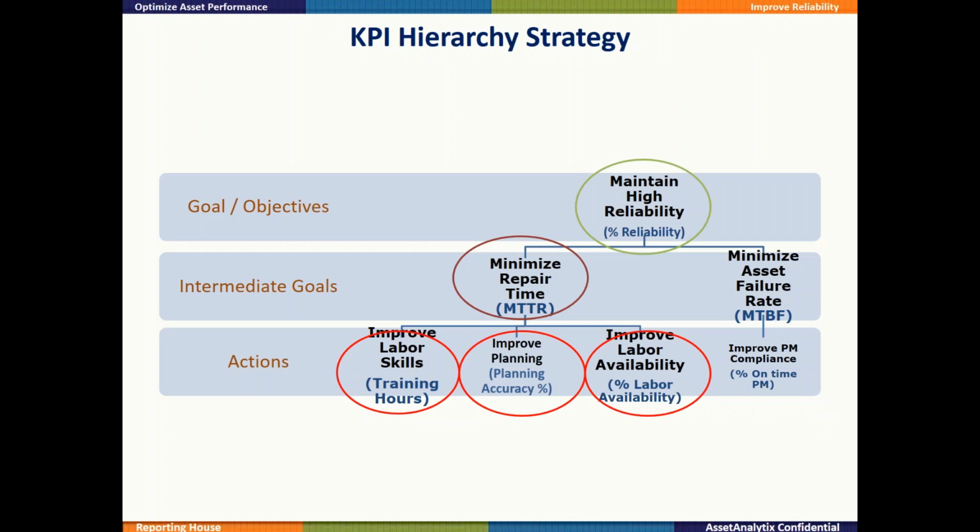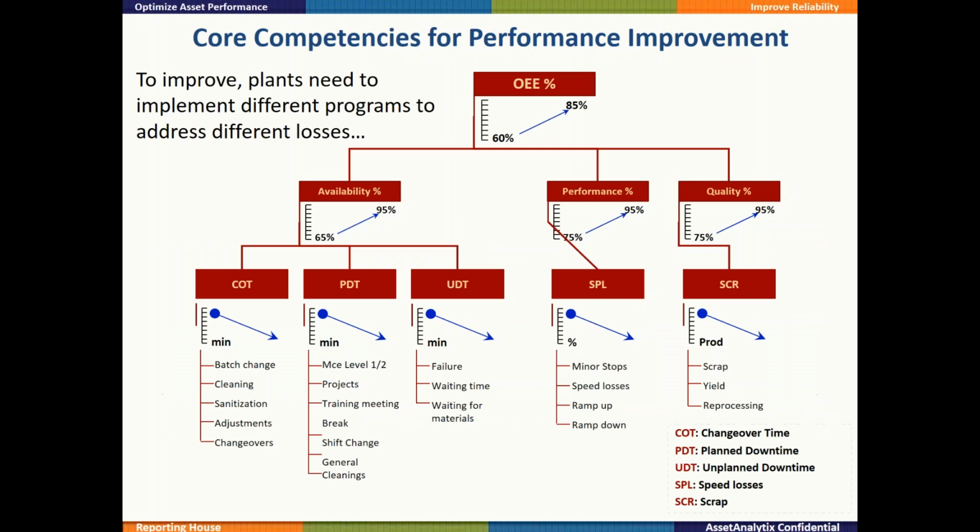We start seeing fewer breakdowns, more equipment reliability, which again drove it back up to improve the availability of the equipment, which improved the OEE, which eventually got back up to the general manager's objectives, which is to improve cost per unit.